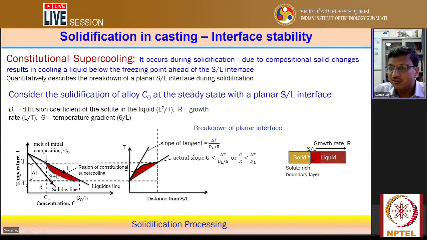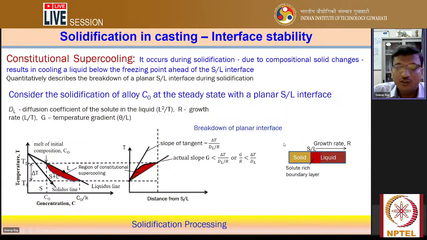Once the solid-liquid interface is moving, if you follow the third figure, the solid phase is there and the liquid phase, and between them a solute-rich boundary layer forms. It is moving with growth rate equal to R. In this case, the solute-rich boundary layer thickness can be calculated as DL by R.